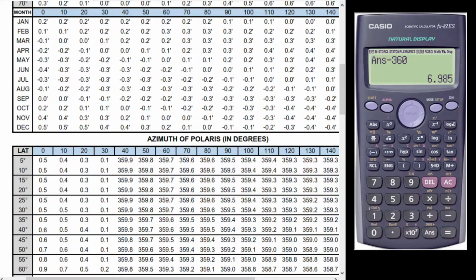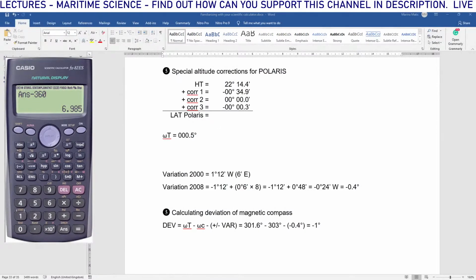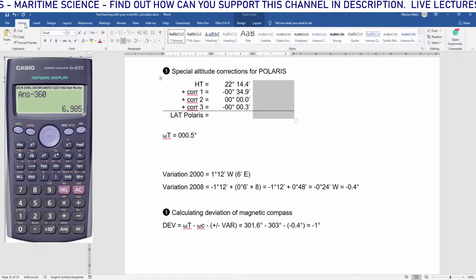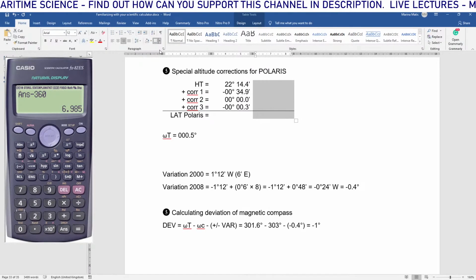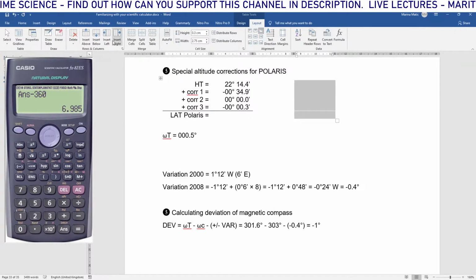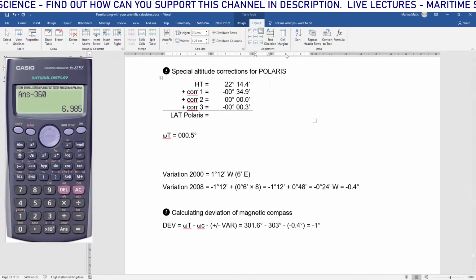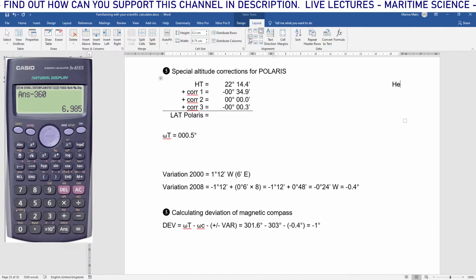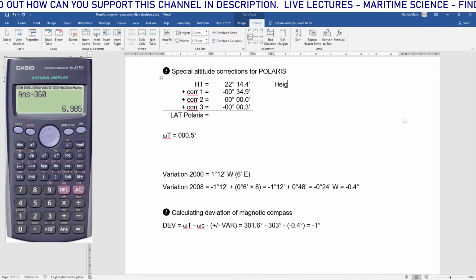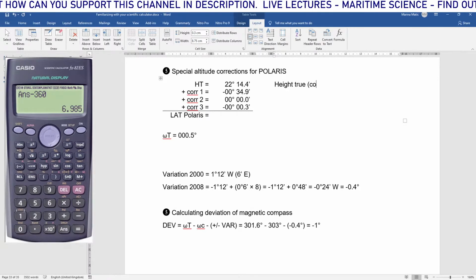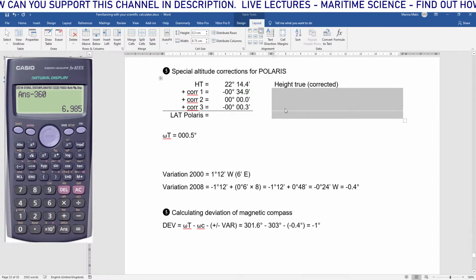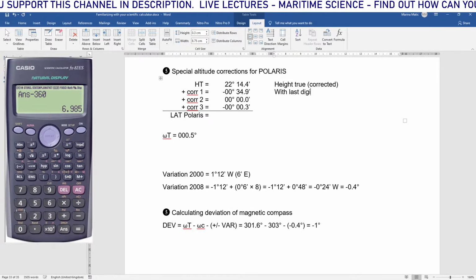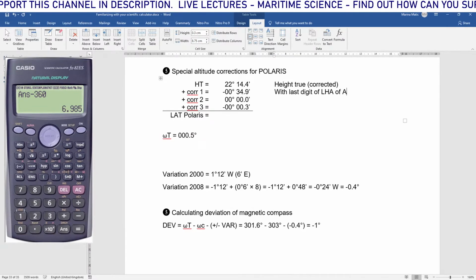Okay, so let's go back to the Word file. Let me put another set of columns here, no border. So this is height true, that is actually corrected, and then we have the first correction with the last digit of local hour angle of Aries.